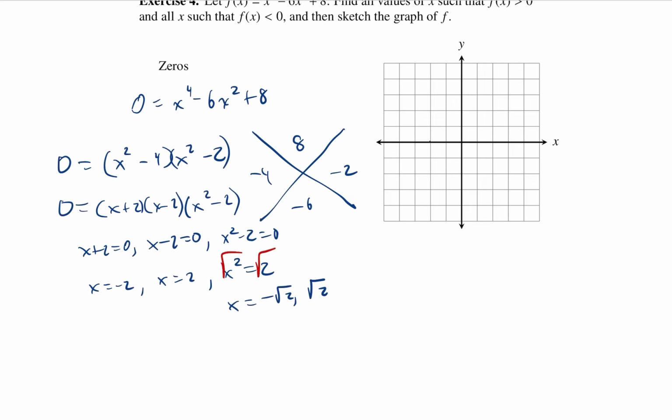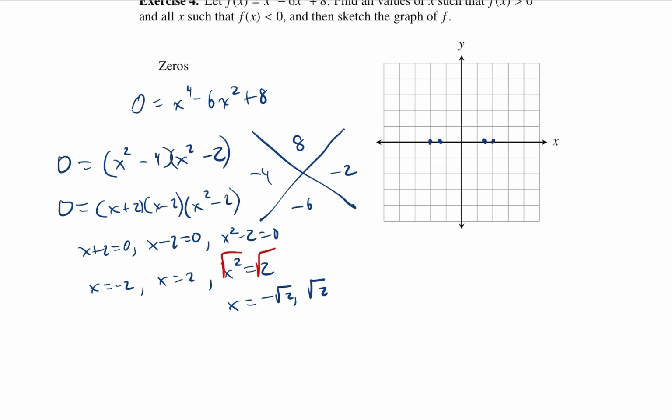So let's graph those 4 points. So -2 would be here. -1.4 is about right here. +2 would be here. +1.4 would be about right there. All right, and just same as before, we need to pick a point in this interval, this interval, this interval, this interval, and this interval.